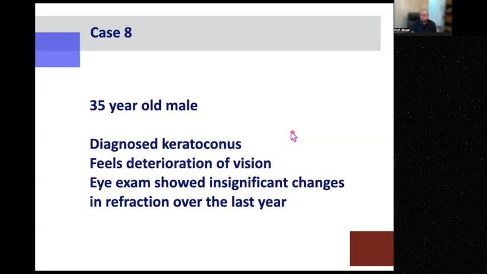So fluctuation, diurnal differences, and so on. So we should not depend on the measurement of refraction on both sides. If it is stable, we cannot say it is not progressive. And if it is not stable, we cannot say it is progressive. Either side, we cannot. Let's see the topography.